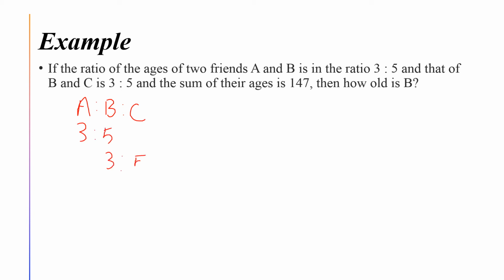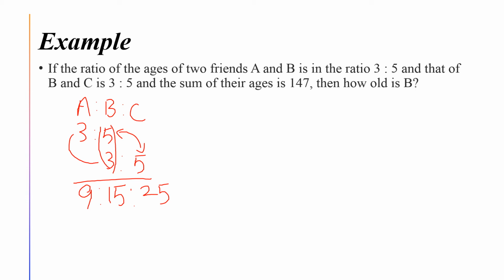For the value of A, we multiply the extreme positions, 3 multiplied by 3, which gives 9. For the value of B, we multiply these two numbers, 5 multiplied by 3, which gives 15. For the value of C, we multiply the extreme positions, 5 multiplied by 5, which gives 25. This is the ratio of A is to B is to C.